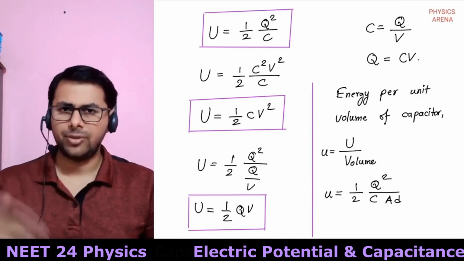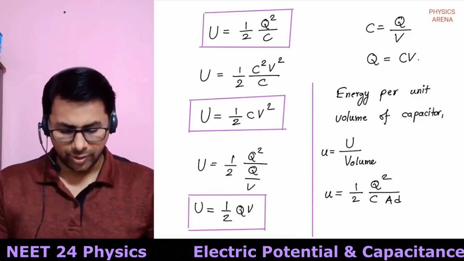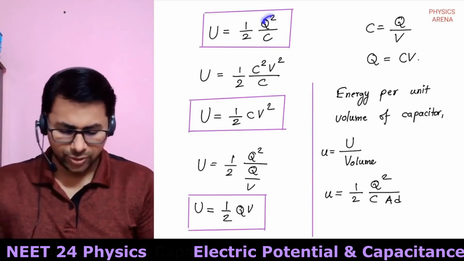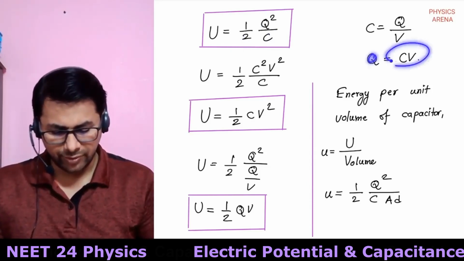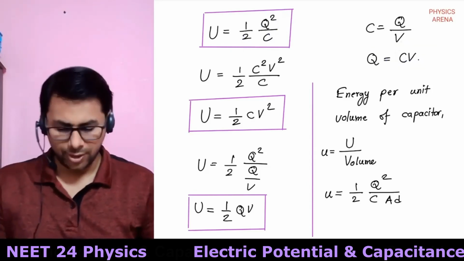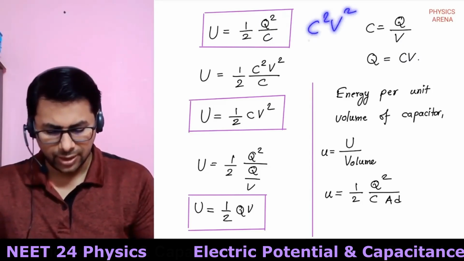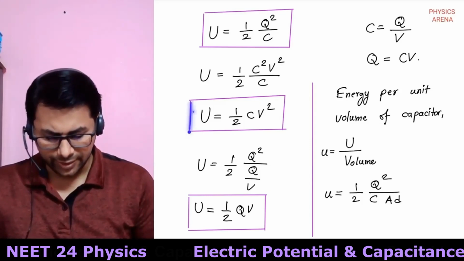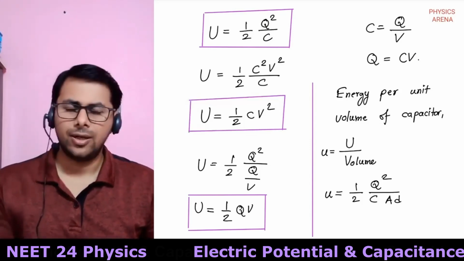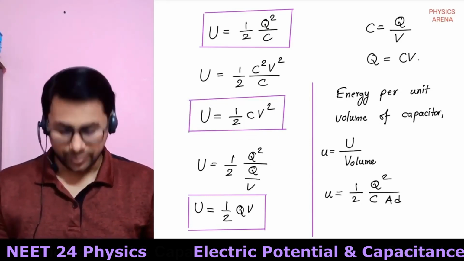Then you have different formulae for the potential energy of a capacitor. One is Q square upon 2C. Then you can substitute Q equal to CV here, so it will be C square V square divided by C, and one of the Cs gets cancelled. So you get U is equal to half of CV square.